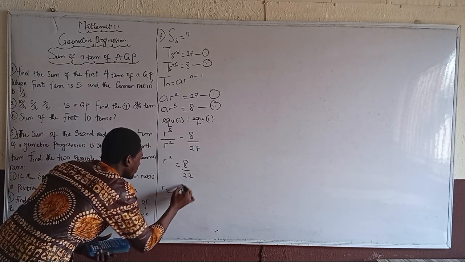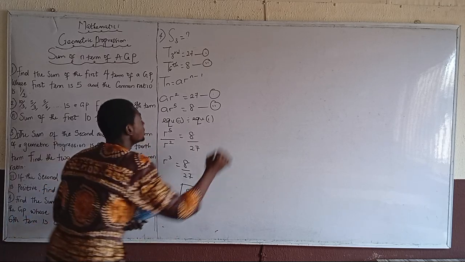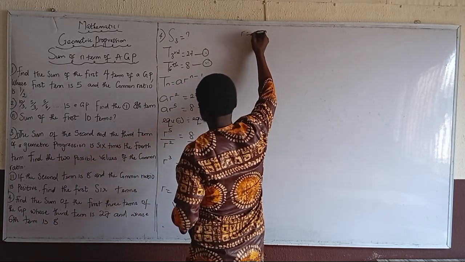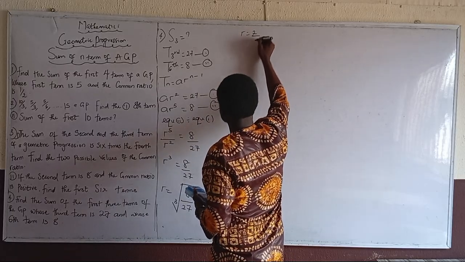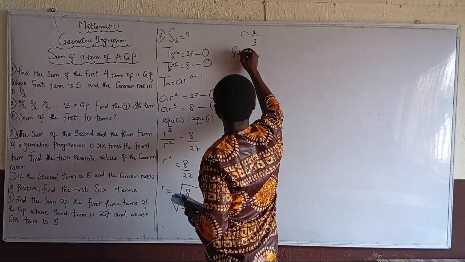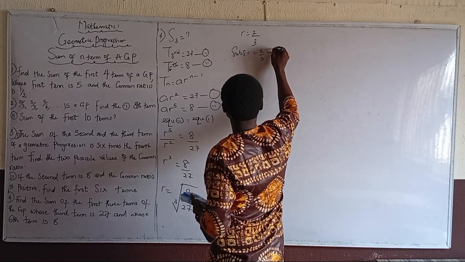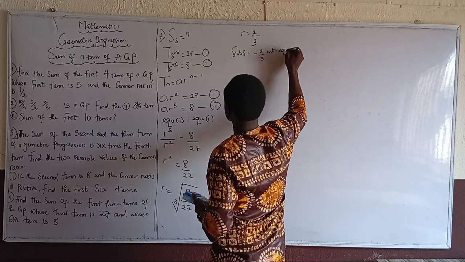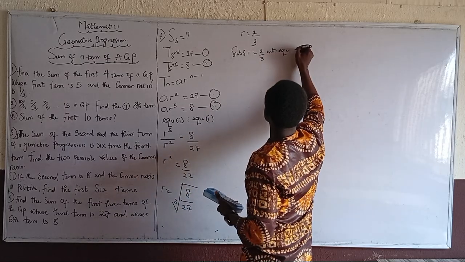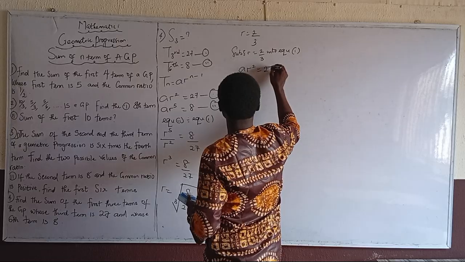So my R becomes the cube root of 8 over 27. The cube root of 8 is 2 and the cube root of 27 is 3. So R equals 2 over 3. Substitute into equation 1. So that is AR squared equals 27.